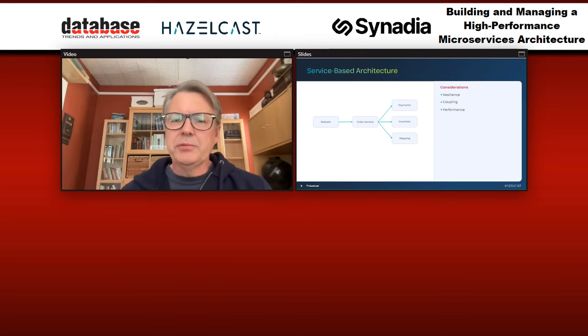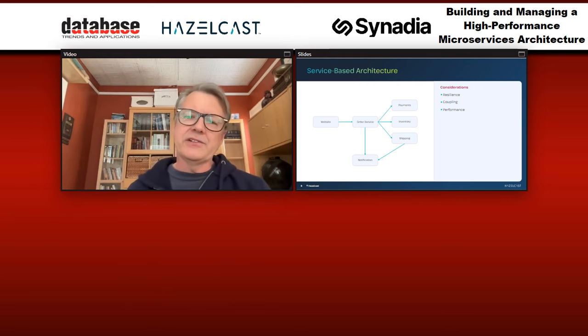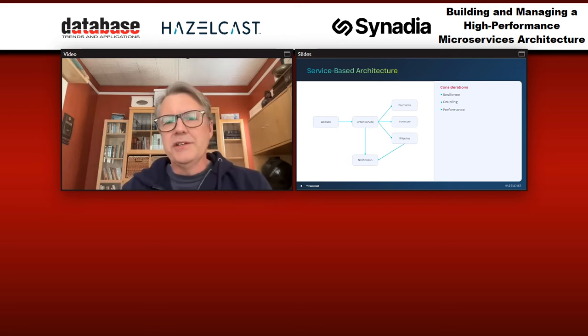And let's suppose we wanted to add a notification service to the picture. Now the order service has to be modified to call the notification service, and the shipping service has to be modified also. When the item actually ships, we'd like to tell the customer, and that would be what the shipping service would do. You would have to update both of these services. And then the last thing is from a performance perspective.